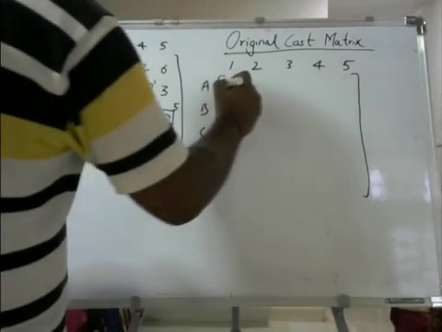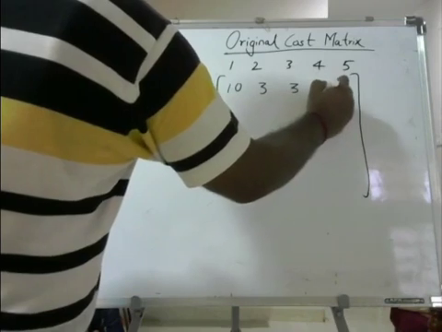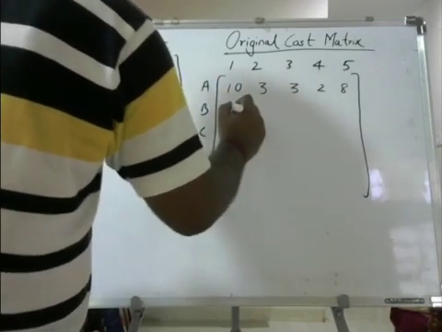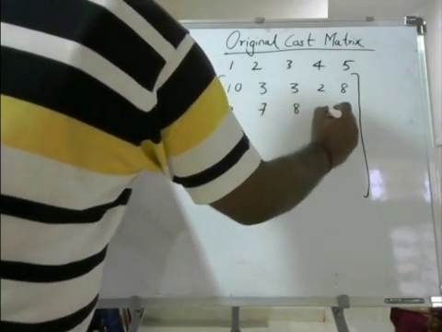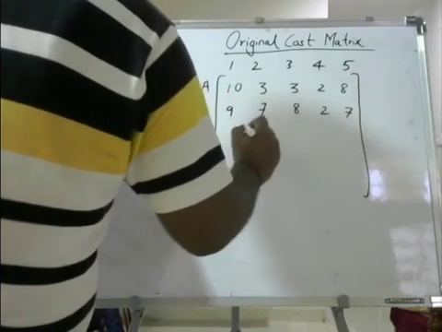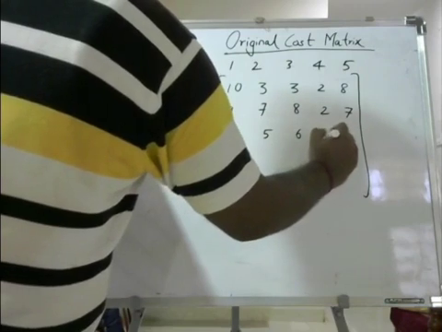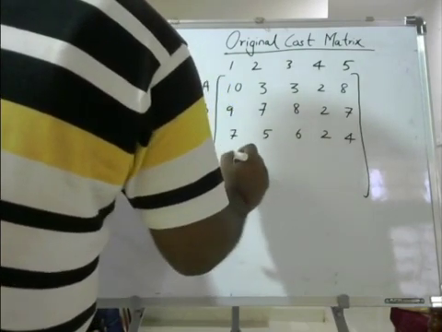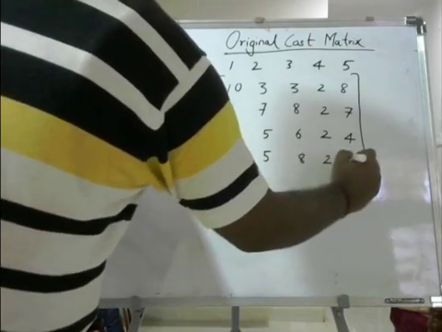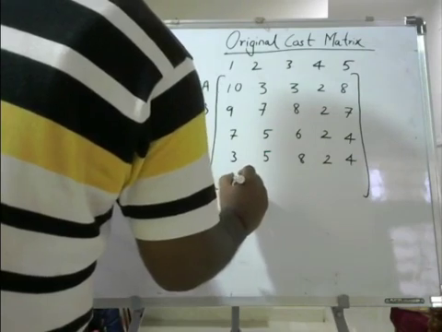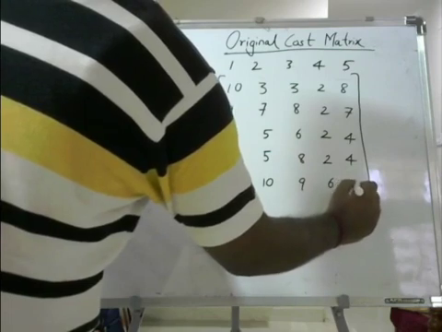That is, you had 10, 3, 3, 2, 8. You have 9, 7, 8, 2, 7, 7, 5, 6, 2, 4, 3, 5, 8, 2, 4, 9, 10, 9, 6, 10.